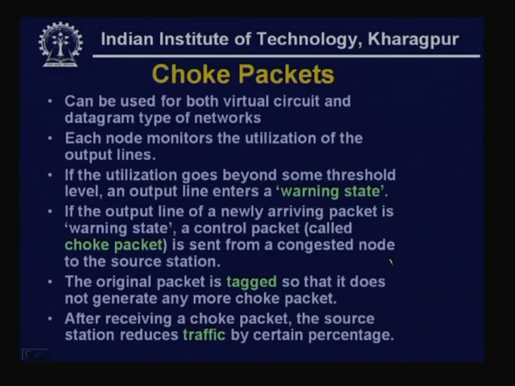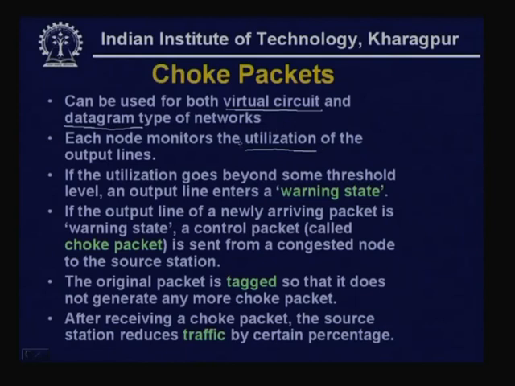Second approach under the closed loop control technique is choke packets. This approach can be used both in case of virtual circuit as well as datagram type of networks. So, each node monitors the utilization of the output line.